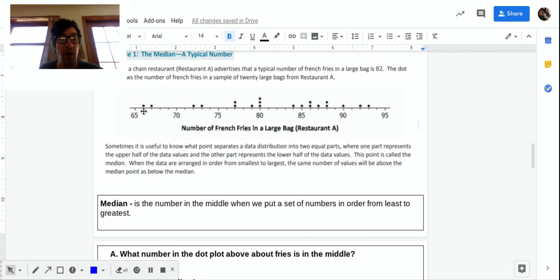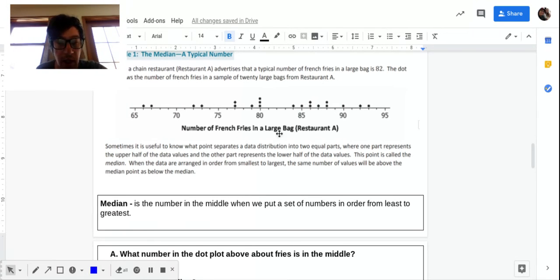So now we find the middle by going, okay, here's one, here's one, here's one, one on top, that one, one below, one on top, one below, right here, 85, 80, the one in the middle is the 84.